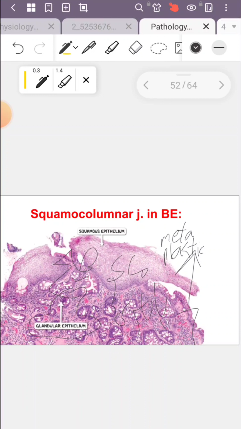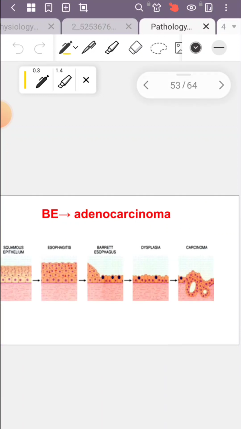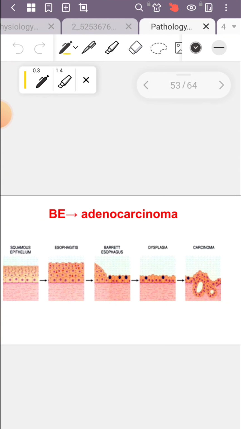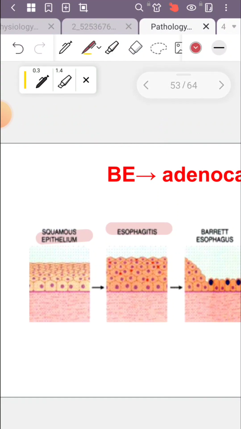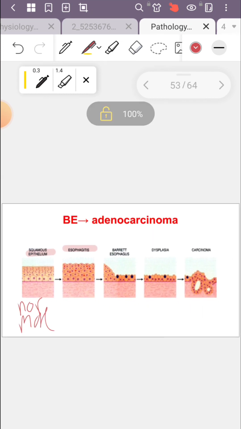زين البارت، شوفوا شباب هاي السيكونس من النورمال الاسوفاجيتس الهايبربليزيا وال evolution. The metaplastic cells or pluripotential stem cells can result in development of Barrett esophagus metaplastic change.